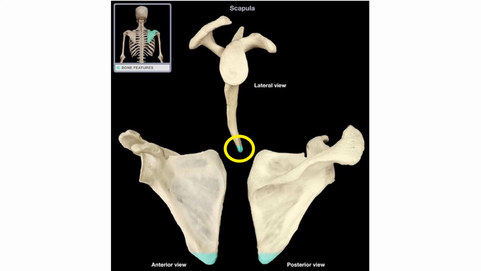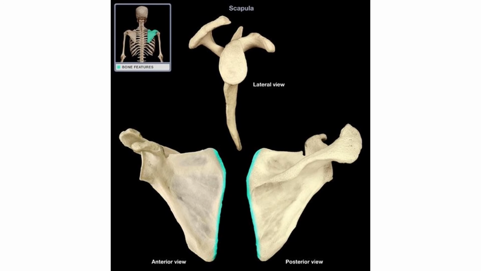Of course, they are indicating the inferior angle. I will leave you to conclude what is the name of this green part of the scapula. Mind you, it has two names. We have mentioned it in the previous slides.